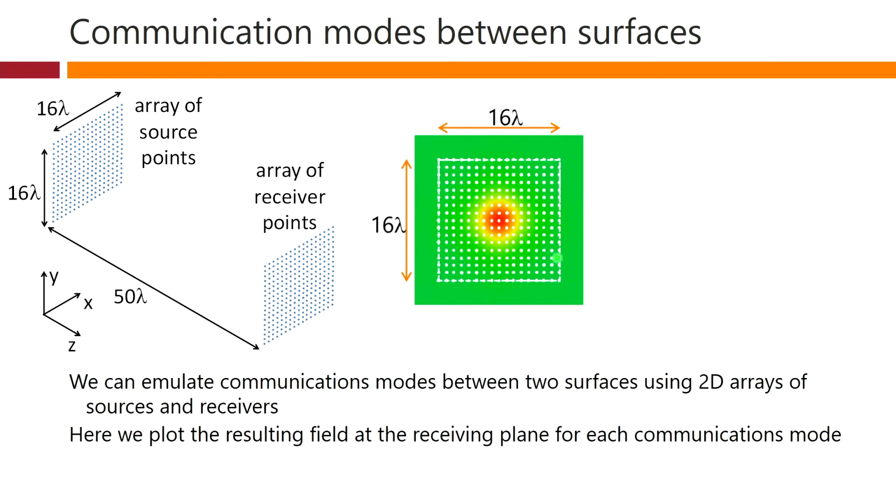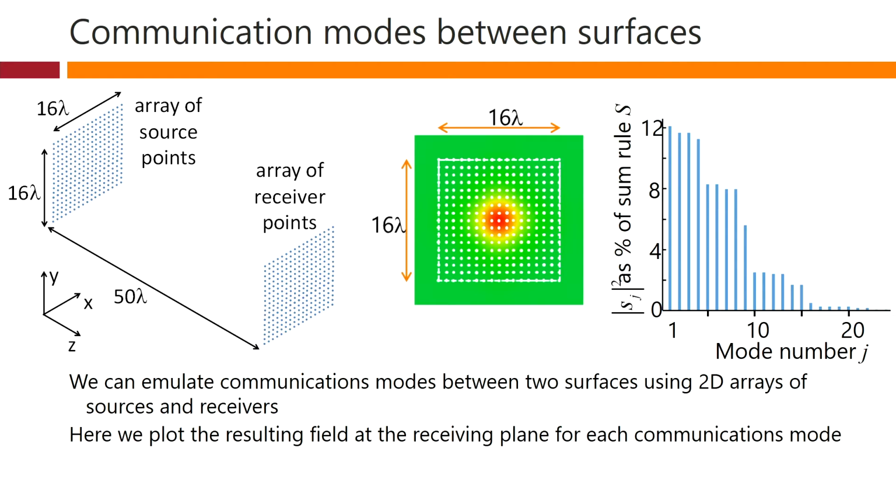And these dots show the area corresponding to the area of all of these dots here. And we're going to look at this for each one of the possible communications modes. We'll go through all of these, but what is going to happen is that we're going to get a set of different communications modes, but you see that the coupling strengths are quite different for these modes. Note the finite number then of usable channels in this system.